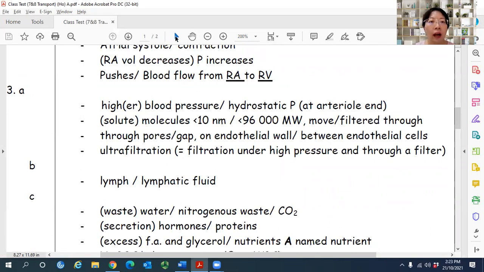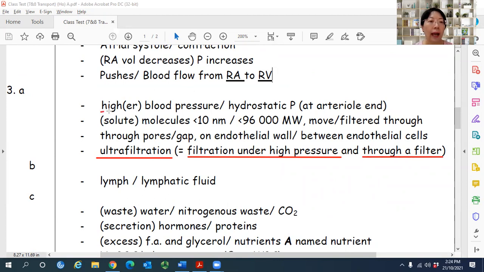The formation of tissue fluid from blood plasma is by ultrafiltration. So 1 word, 1 mark. Ultrafiltration means filtration under high pressure through a filter. Then you elaborate what is ultrafiltration.